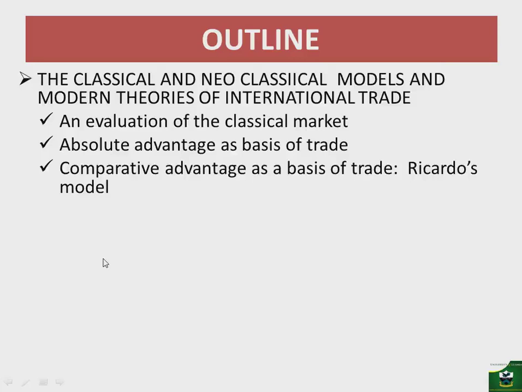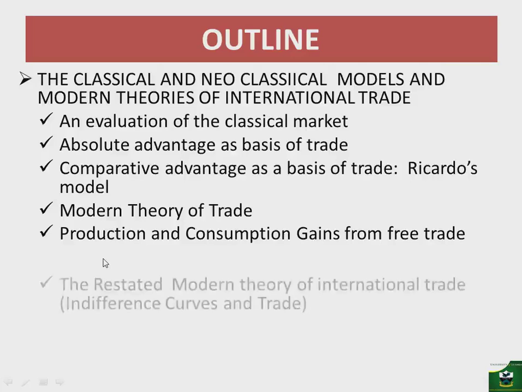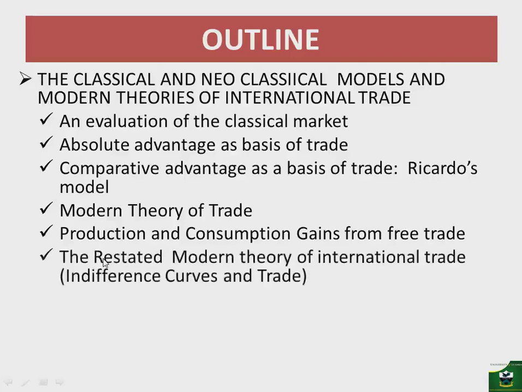And then we'll have the modern theories of trade, where we're going to bring in lots of curves, as well as determining the terms of trade for the nation. Further to that, we will have the production and the consumption gains from trade and the restated modern trade theories.